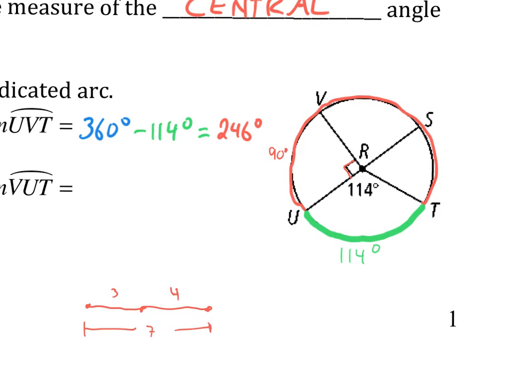That's called the segment addition postulate. Exactly the same thing, but instead of having straight segments, we have curved segments. So there is a postulate that simply says that if you add adjacent arcs together, it's just the same as going all the way around like that. So in this case, we're taking the 90 plus the 114 to get 204 degrees.